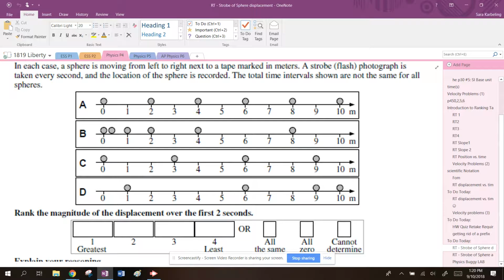So the dots, their pictures are taken every second. So 0, and then after 1 second has passed, after 2 seconds have passed, after 3 seconds have passed. So this is 0, this is after 1 second, after 2 seconds, after 3 seconds. Does that make sense?